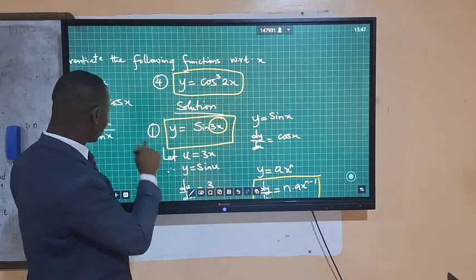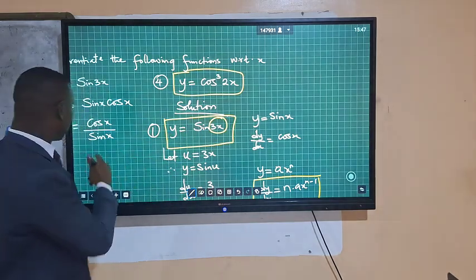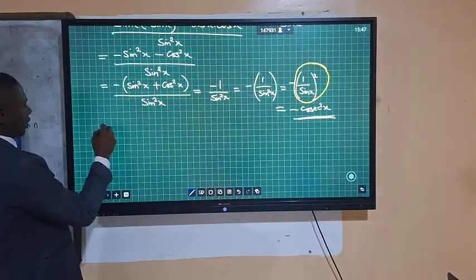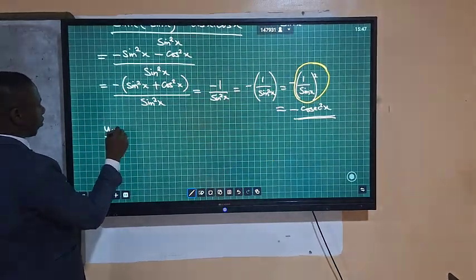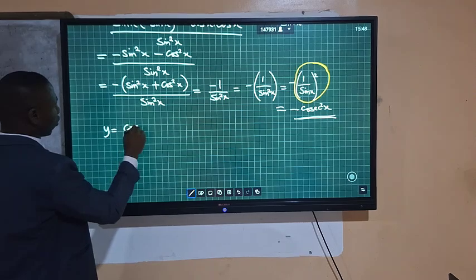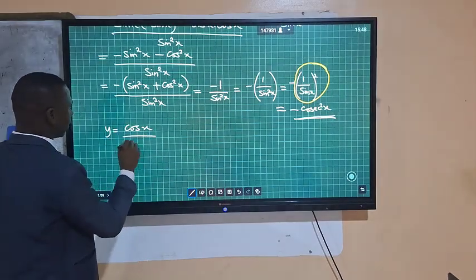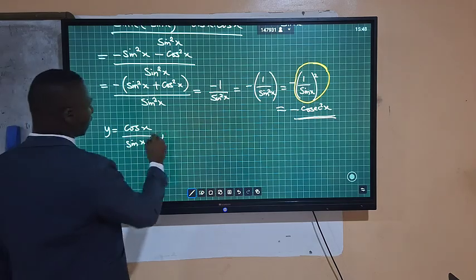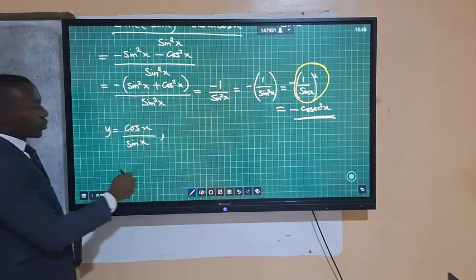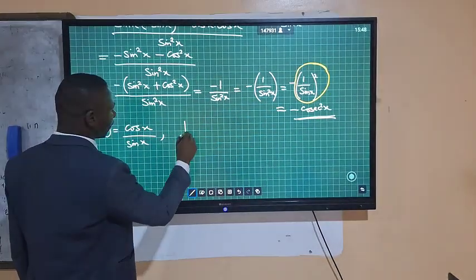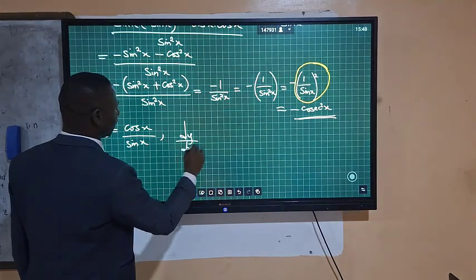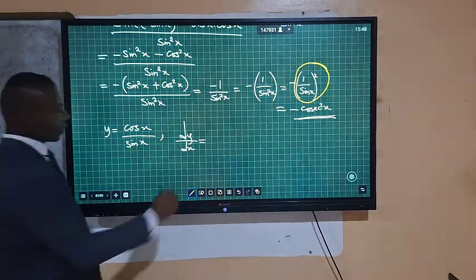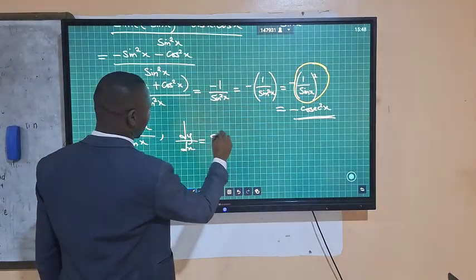Let me show you a shortcut that you can apply in your quotient rule. Say y is equal to cos x over sine x. Since this is a quotient rule problem, we have dy over dx. From the formula, you keep v constant, so I write sine x.